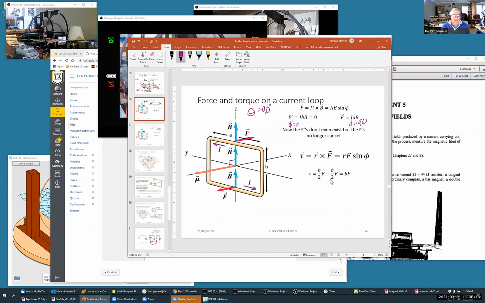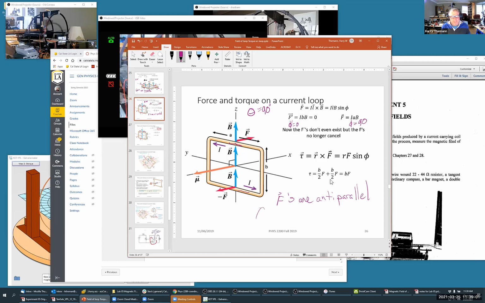And so the force vectors on little a and little b, these two edges of the loop, there's this F vector and the negative F vectors. Now the F primes don't even exist. However, the F's themselves are anti-parallel, meaning they're in opposite directions. It's important. It's equal and opposite.